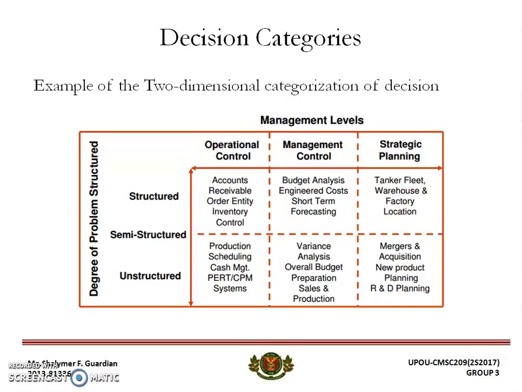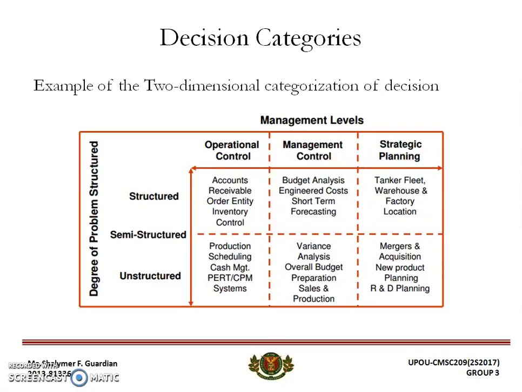And for structured strategic planning, these are used for tanker fleets, warehouse, and factory location. As you can see, semi-structured examples are always in the middle, so basically they are performing most of the structured and unstructured degree of problem.